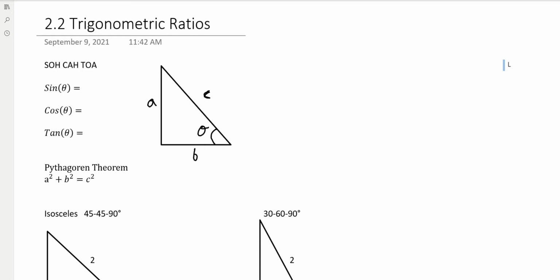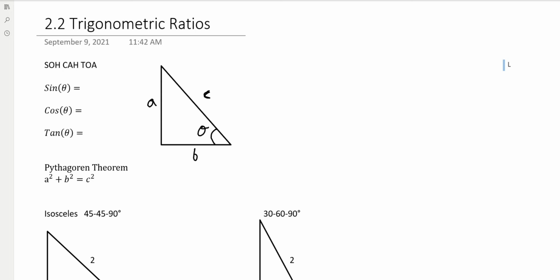So this is a little bit of a different topic, or kind of weird topic for most of you, I'm sure, where you probably haven't heard this stuff before. So this is important. This is how we can do triangles and find angles or sides when we don't actually have a calculator.